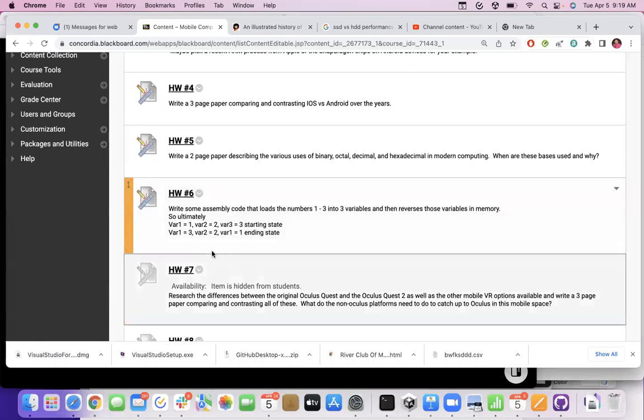Not real hard assembly, but again, we're learning those skills that you're going to be able to apply to larger problems. And part of it is looking at what's under the hood in an ARM architecture. So if you want to get ahead, you can go ahead and start doing this. This is not going to be an overly difficult assignment, but we're going to get into some more of the details of this on Thursday.